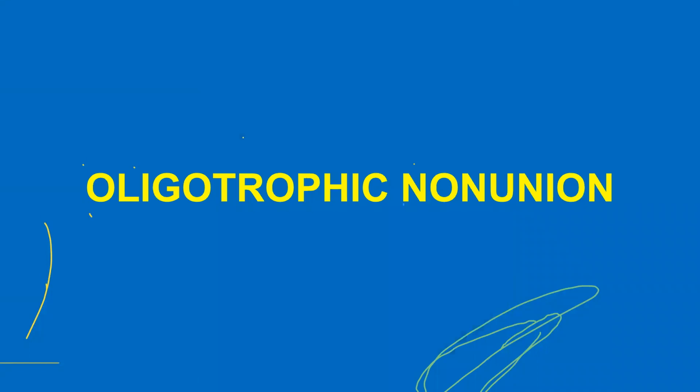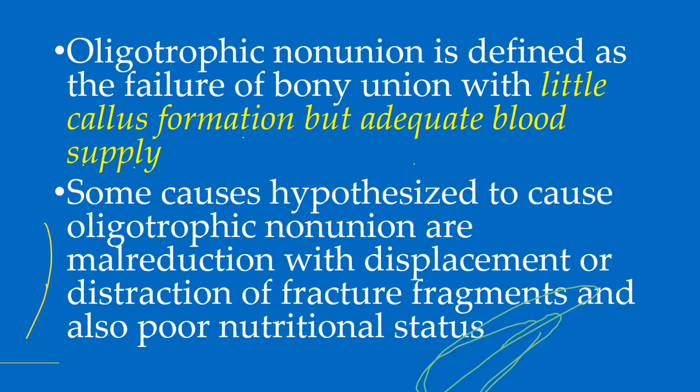What about oligotrophic non-union? Oligotrophic non-union is defined as the failure of bony union with little callus formation. We do have callus, and there's an adequate blood supply. In atrophic non-union, we don't have callus, and we have a poor blood supply.